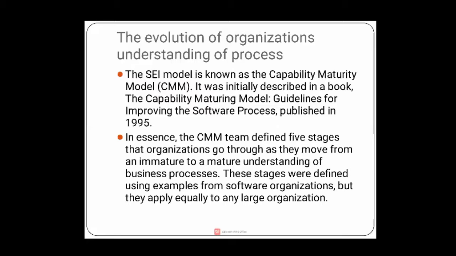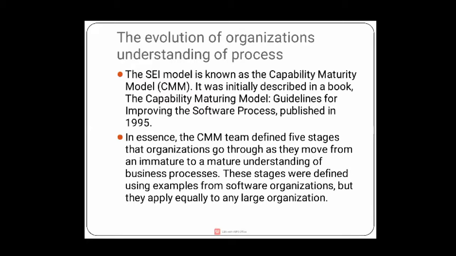SEI stands for Software Engineering Institute. The Software Engineering Institute model is known as the Capability Maturity Model, or CMM. It was initially described in a book, The Capability Maturity Model: Guidelines for Improving the Software Process, published in 1995.